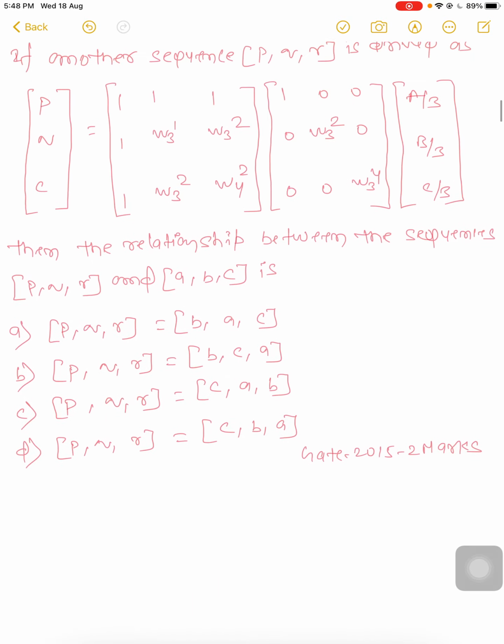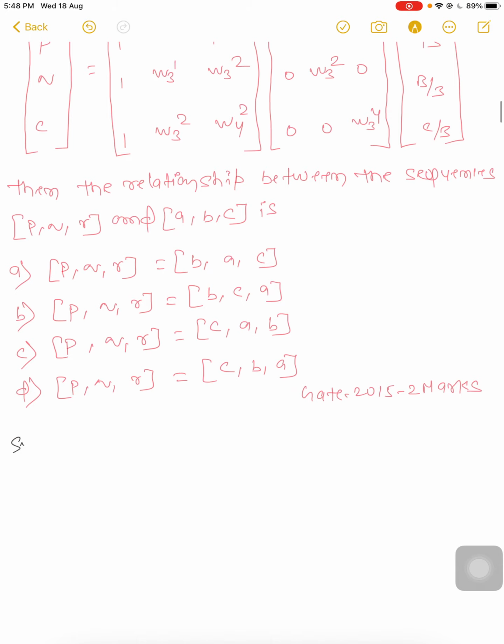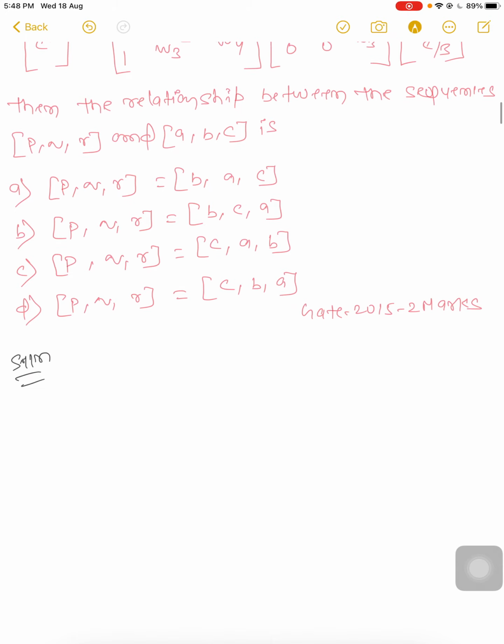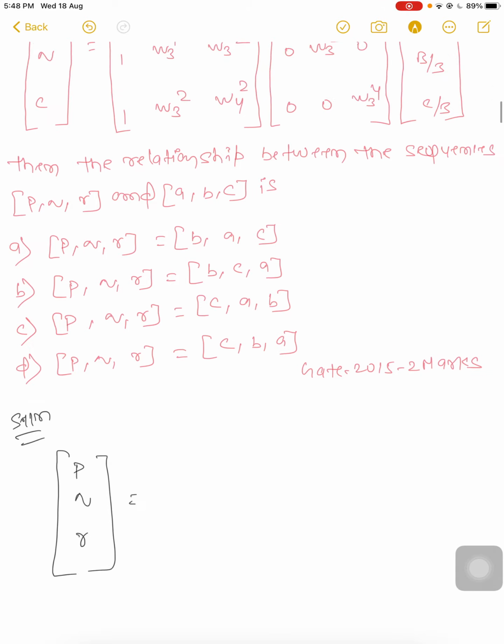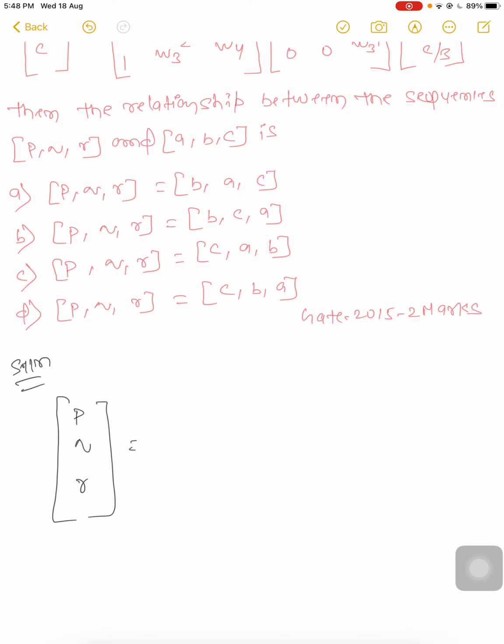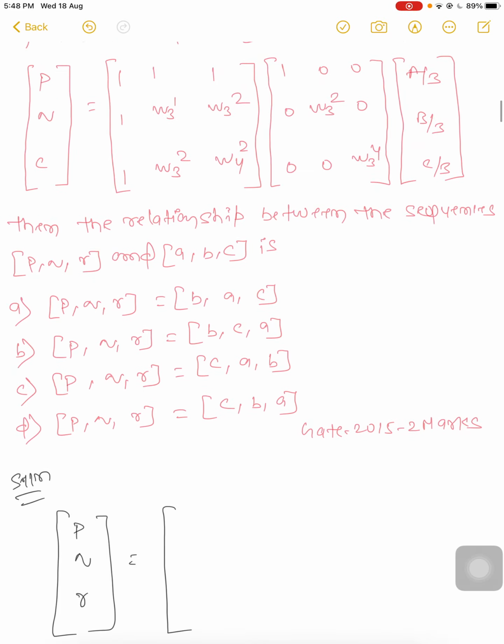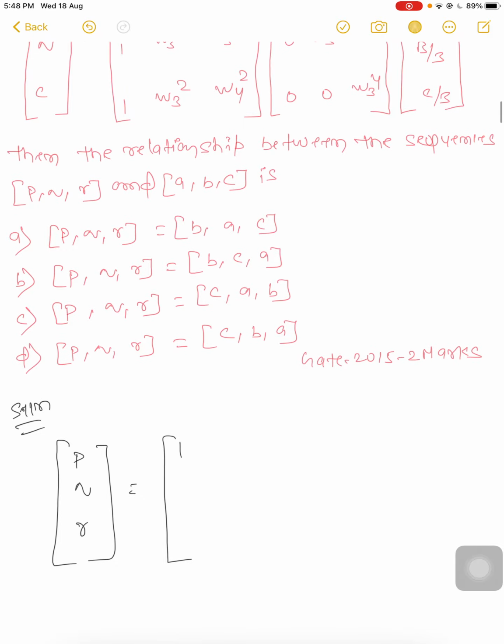Okay, so first we can write PQR equal to the following.